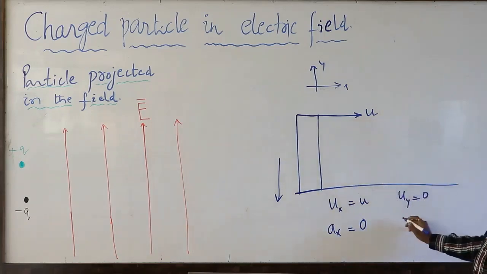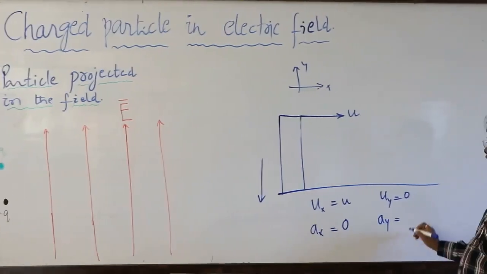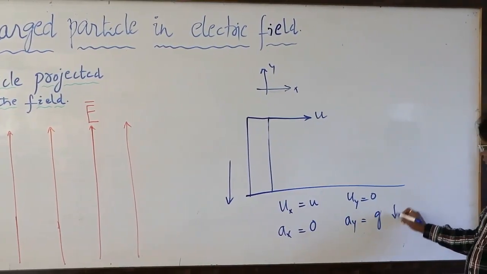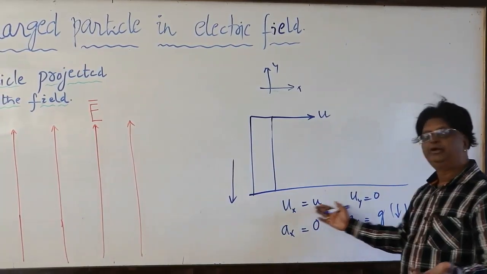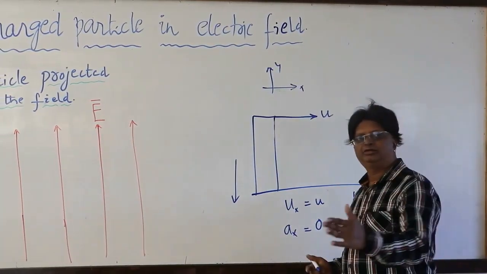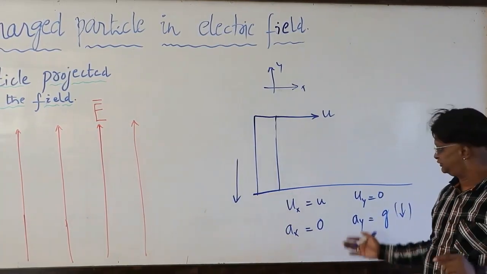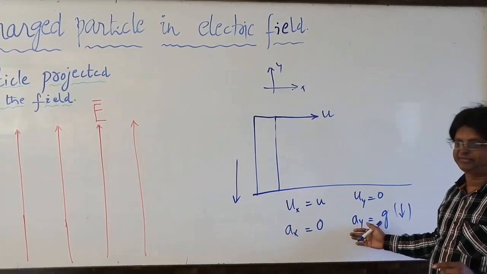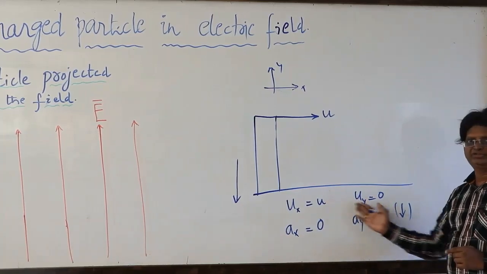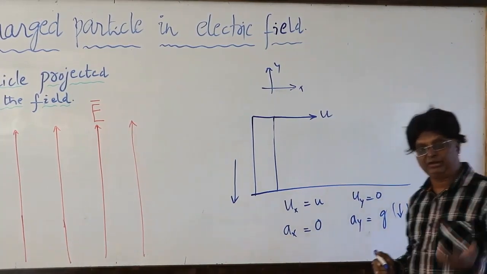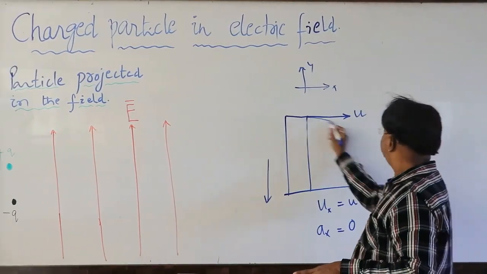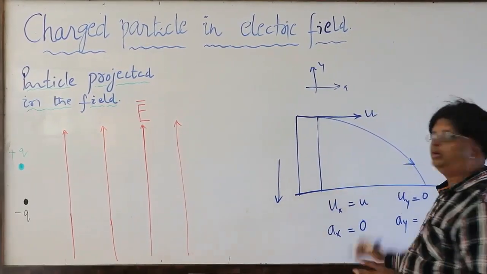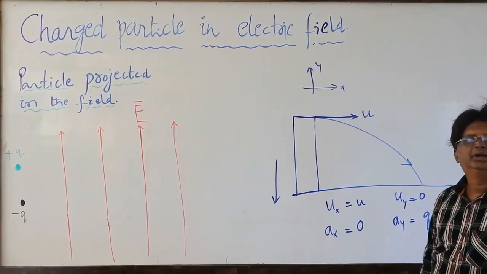Remember, ax equal to 0, and ay is g, which is acting vertically down. So it has two-dimensional velocity and one-dimensional acceleration. The path is not a straight line. The path is a very popular parabola.